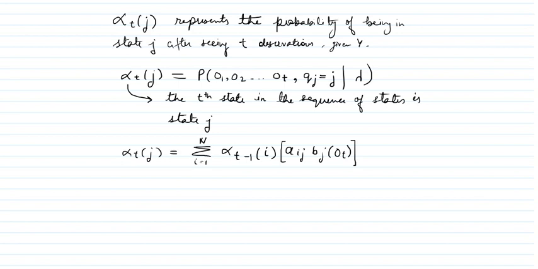So this is the transition probability, and this is the observation probability, right?